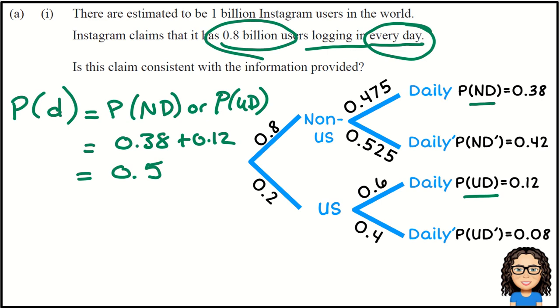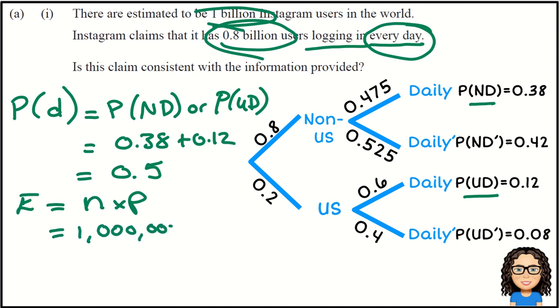Now what we want to do is calculate the expected value, because it's talking about how many users there are. We've been told there are 1 billion users in the world. So my expected number is going to be n times p, and in this case my sample size is 1 billion, multiplied by the probability there, and that's going to give me 500 million people.